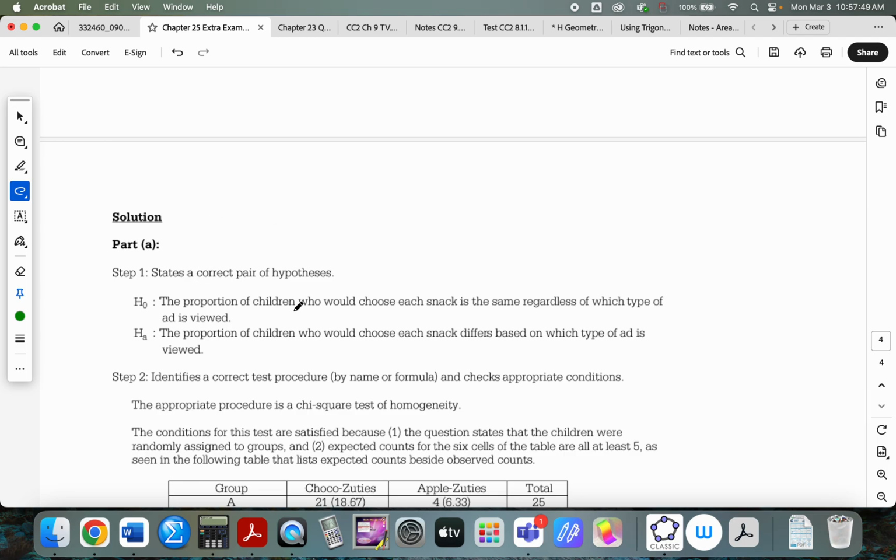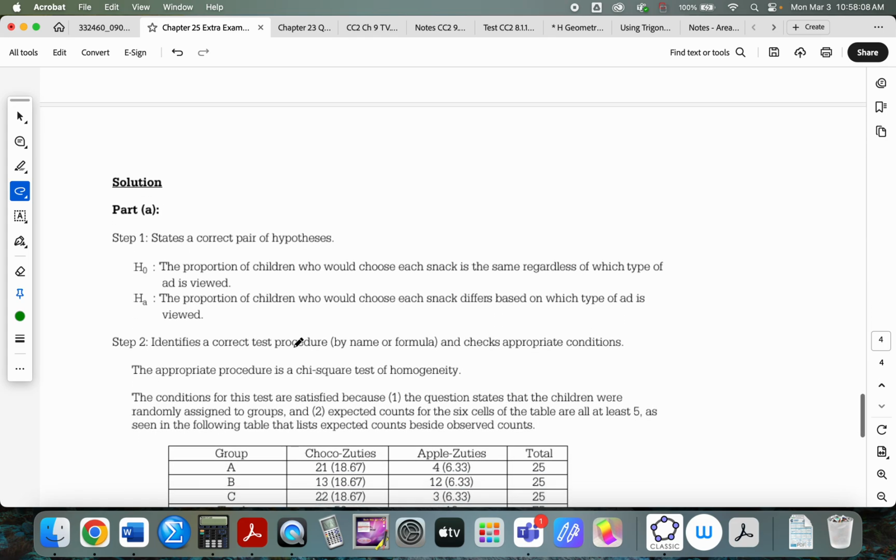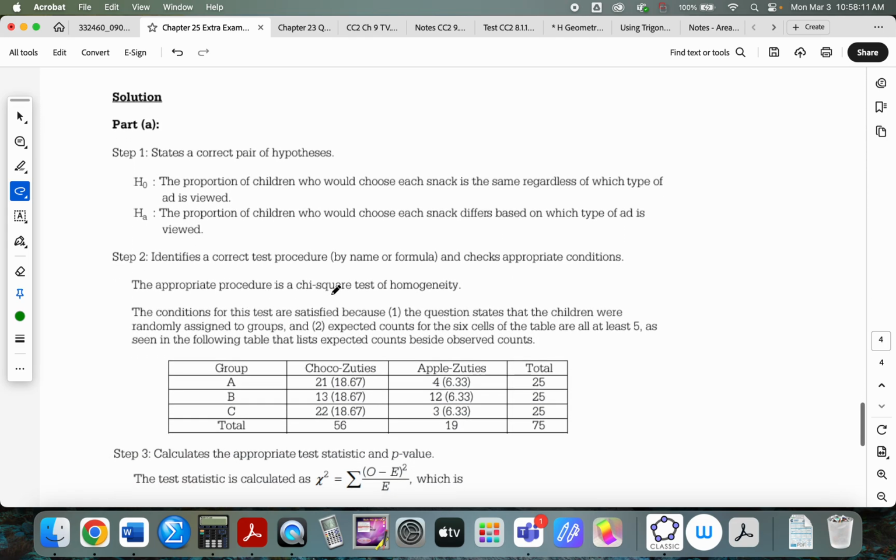The proportion of children who would choose each snack is the same regardless of which type of ad is viewed. Right? There is no difference. Whereas the alternative, the proportion of children who would choose each snack differs based on which type of ad is viewed. Okay? So this is a chi-squared test for homogeneity.